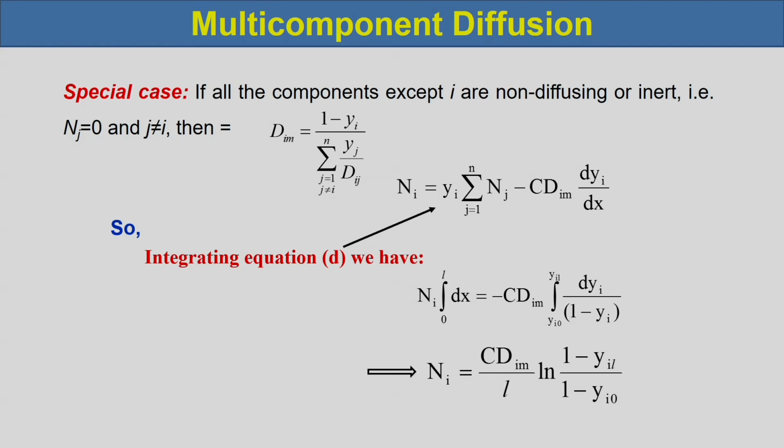So, if we integrate, we will get Ni equal to C D_im by L ln of (1 minus YiL) divided by (1 minus Yi0). So, this is the equation of the flux for multi-component systems, having the diffusivity of the mixture taken into consideration to calculate the flux.